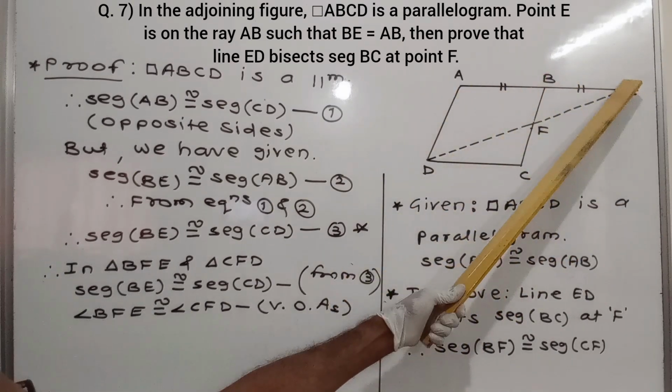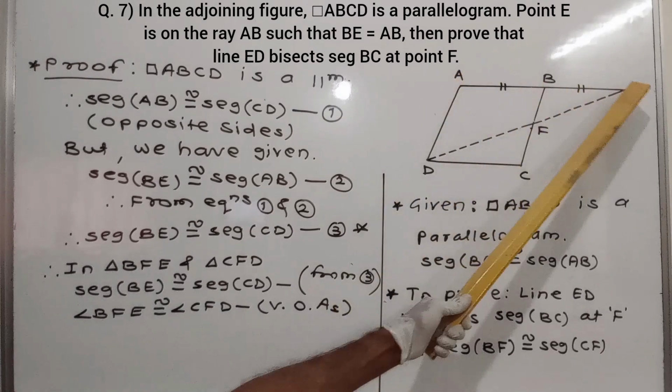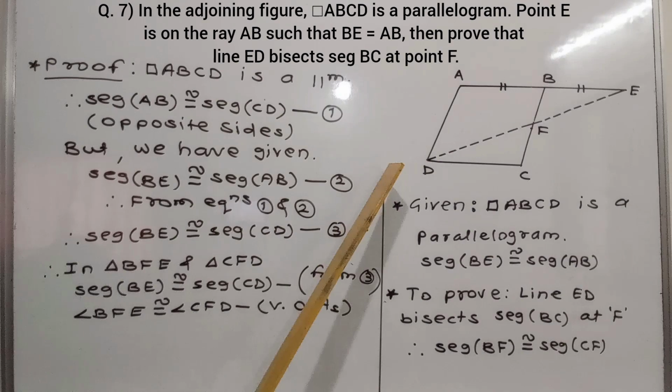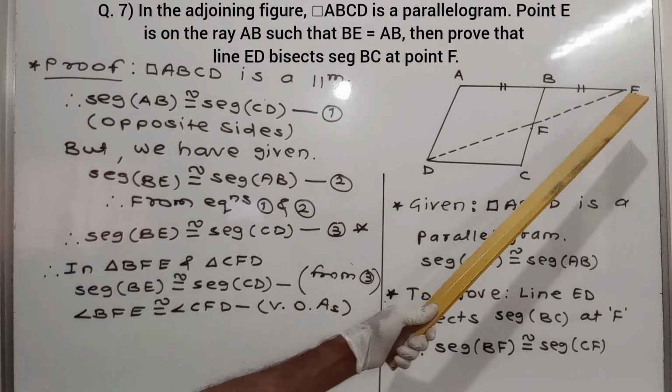So AE parallel to CD, and DE is a transversal.